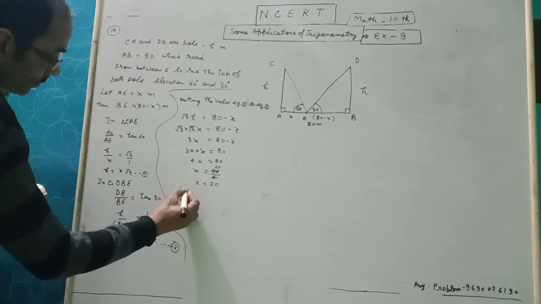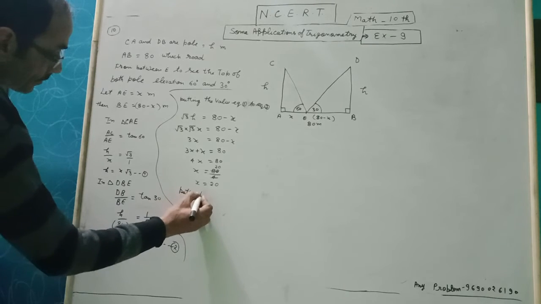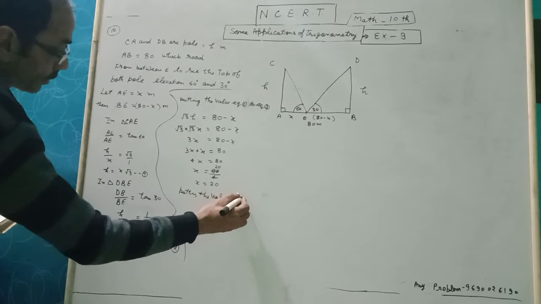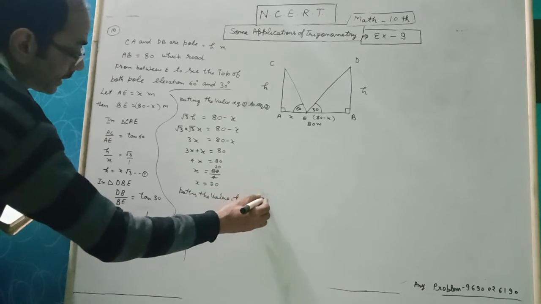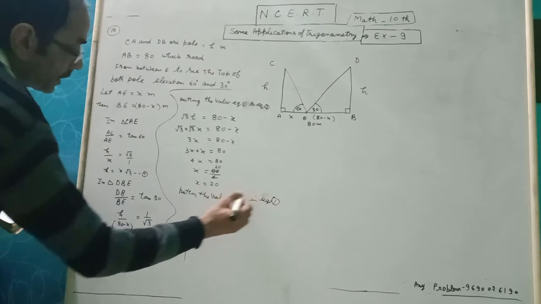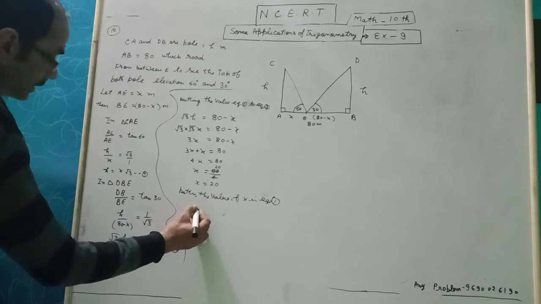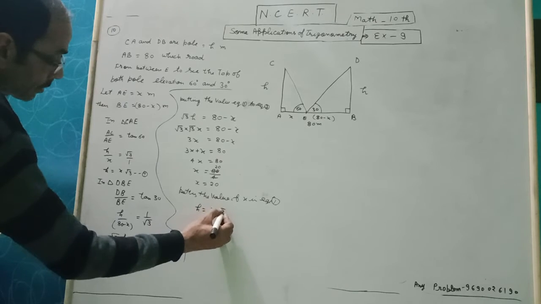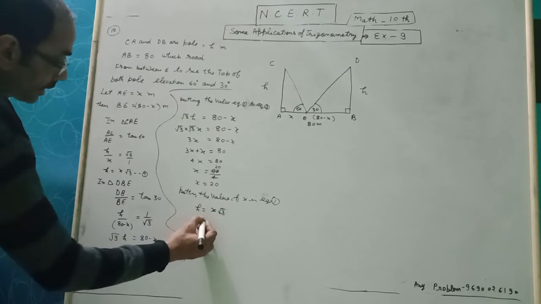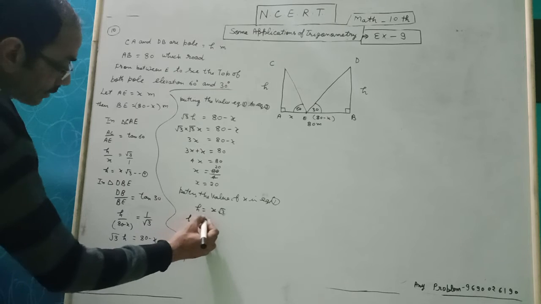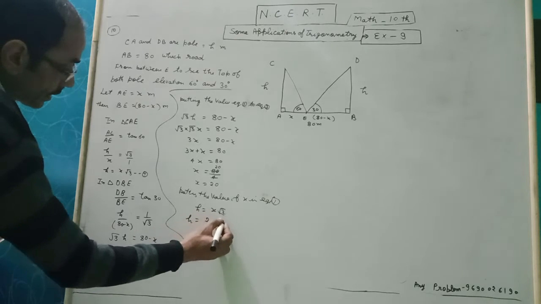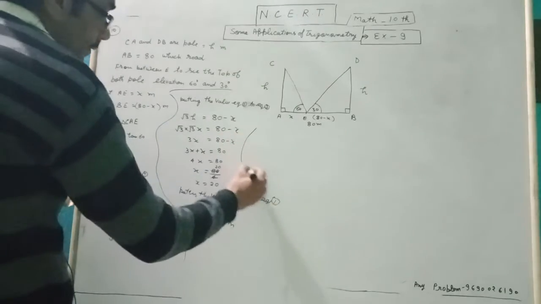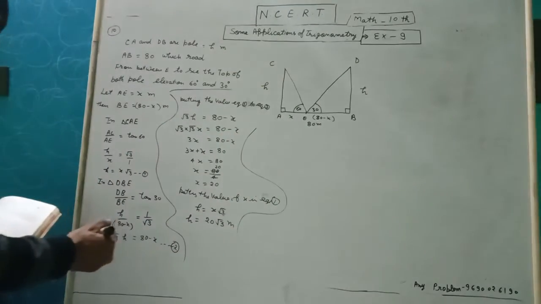Putting the value of x in equation first: h is equal to x under root 3. X value is 20, so h value is 20 under root 3 meter. Both answers are clear.